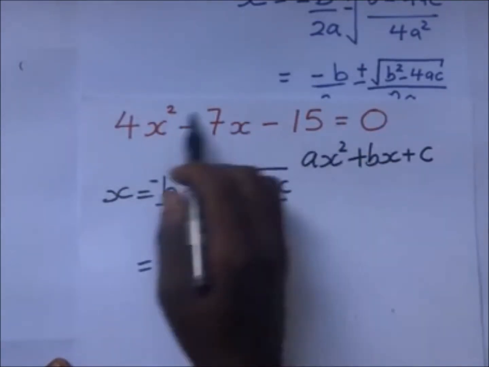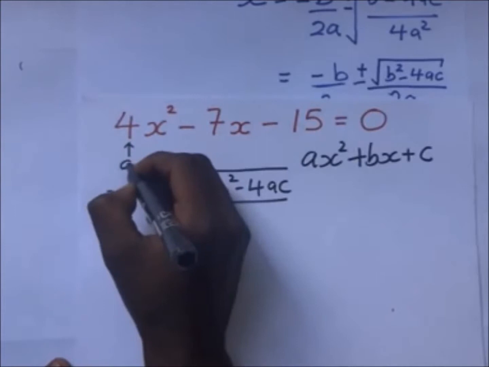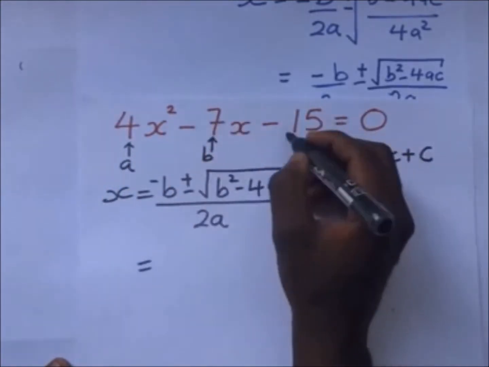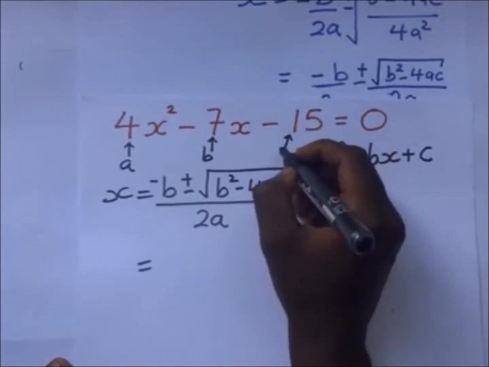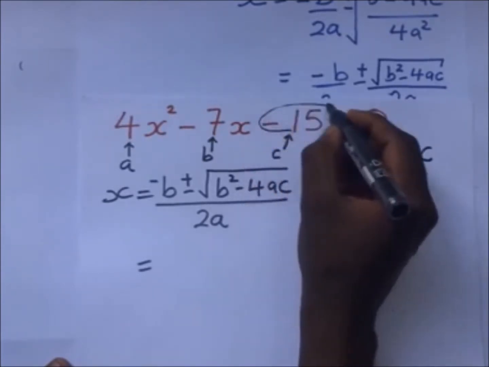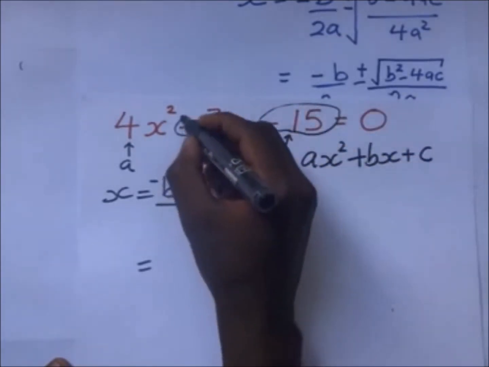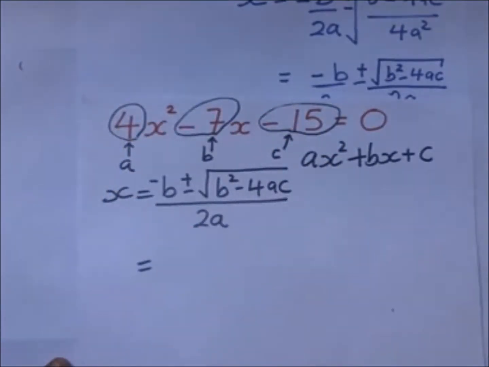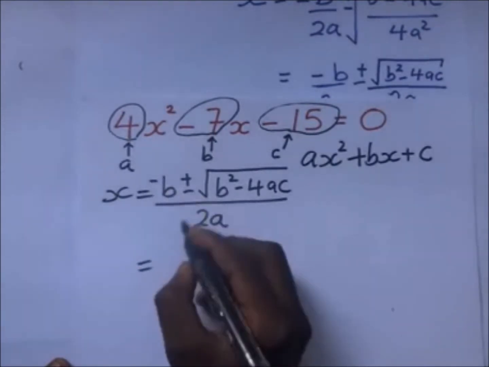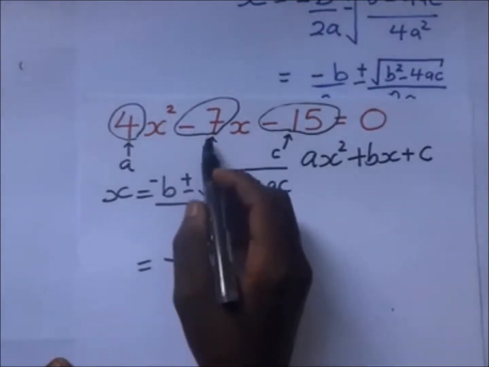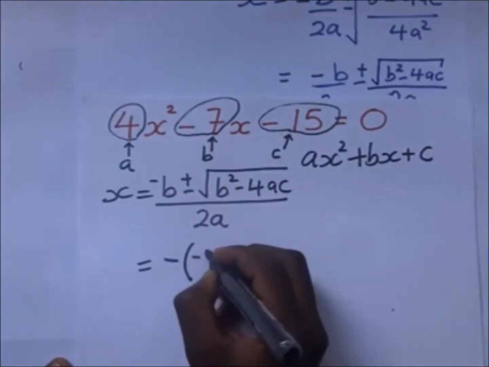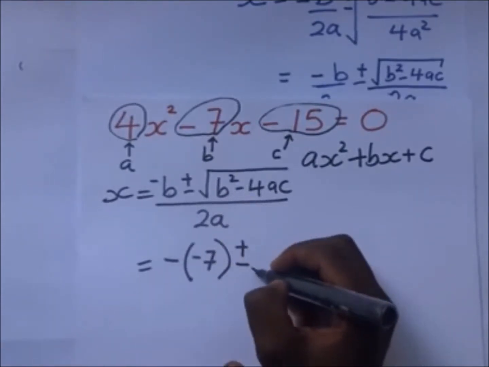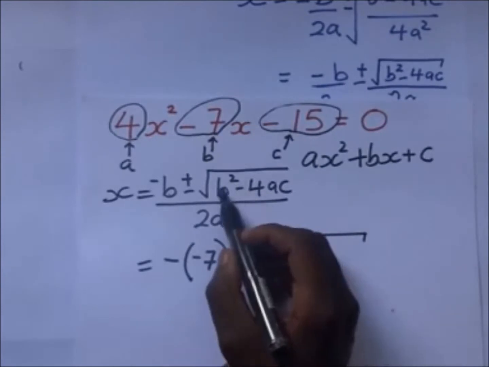In this, our value of a is 4, our value of b is negative 7, and our value of c is negative 15. So we go ahead and just substitute in right here. Our value of b is negative 7, so negative b is 7, plus or minus the square root of b squared.